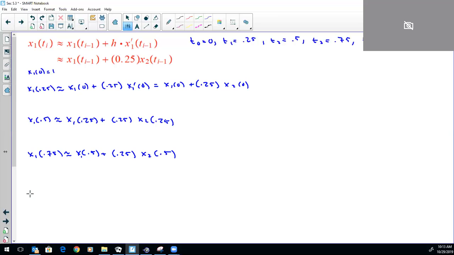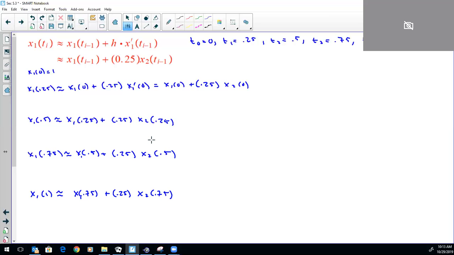And finally, the estimate we have for 1 will be based on the estimate we had at 0.75 plus the step size times our estimated derivative at 0.75.